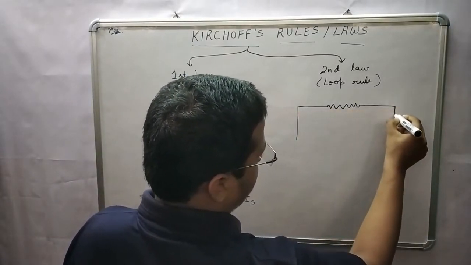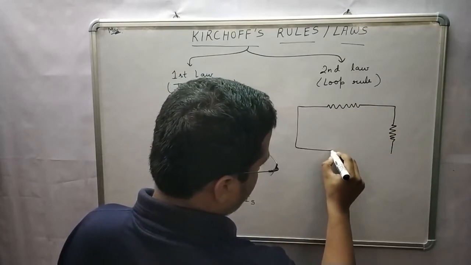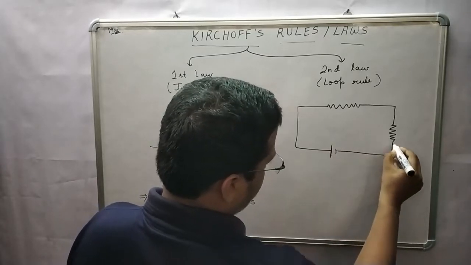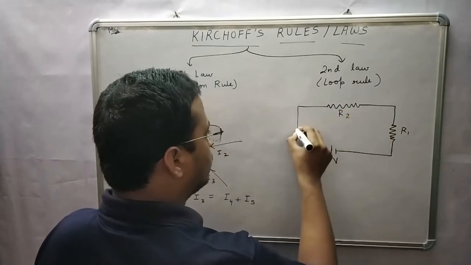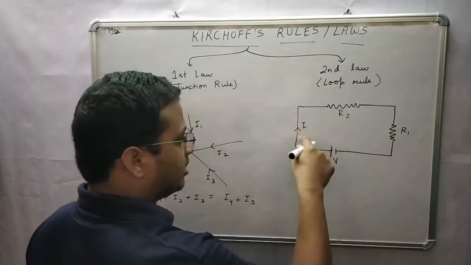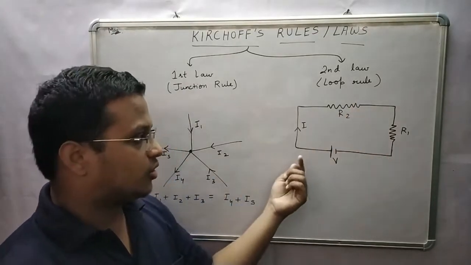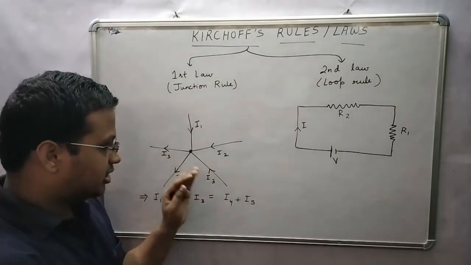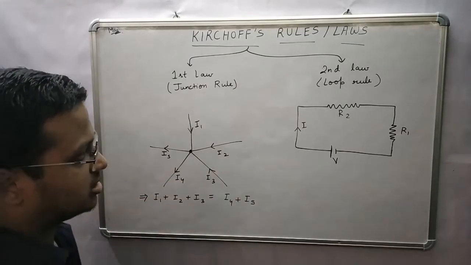This is a resistor, another resistor, a potential difference source. This is R1, R2, and there is some current I in this direction. So you can see this is a closed circuit or a closed loop. So here the second law can be applied. But the first law can be applied for both closed and open circuits.